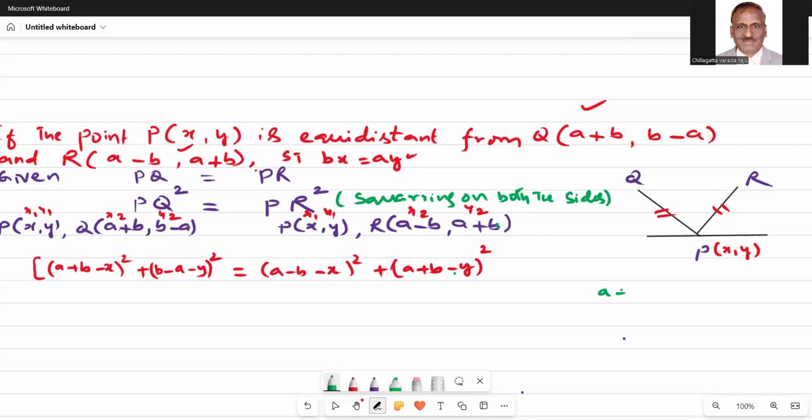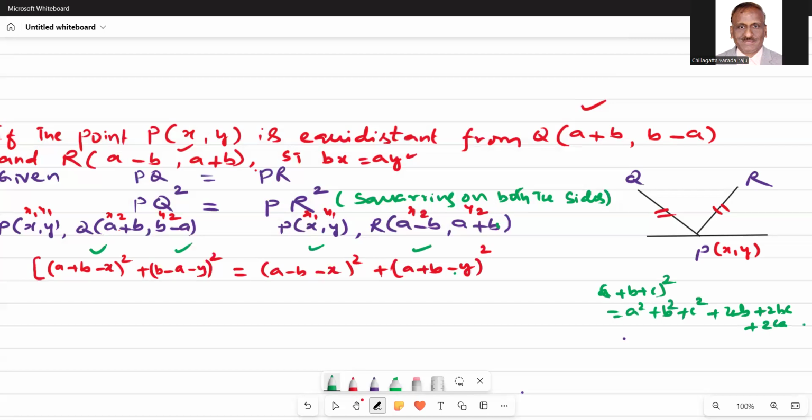A plus b plus c whole square is a square plus b square plus c square plus 2ab plus 2bc plus 2ca. This formula I am going to use for 4 conditions.